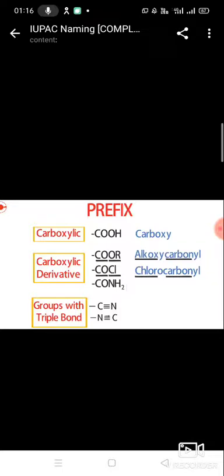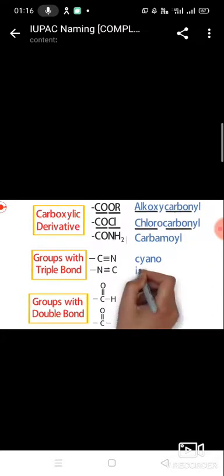COCl is chlorocarbonyl. COOR is alkoxycarbonyl. CONH2 is carbamyl, because an NH2 group is present.